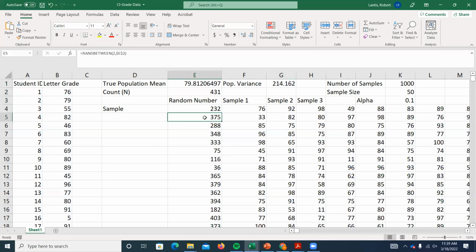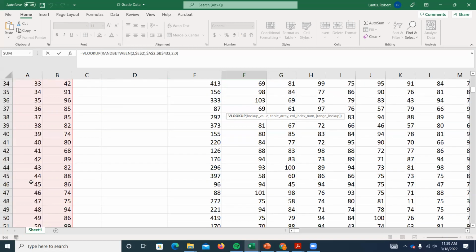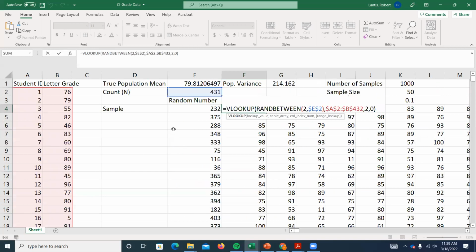Now, I did some stuff here that I would never expect you guys to do, but it does show the power of Excel. There's something in Excel called VLOOKUP. We can use this random number generator, which randomly generates a number. Using VLOOKUP, it then goes to column A and finds that student. So maybe it generates the number 59. It goes to that 59th student, sees that their exam score was 77, and then puts that 77 into the cell.